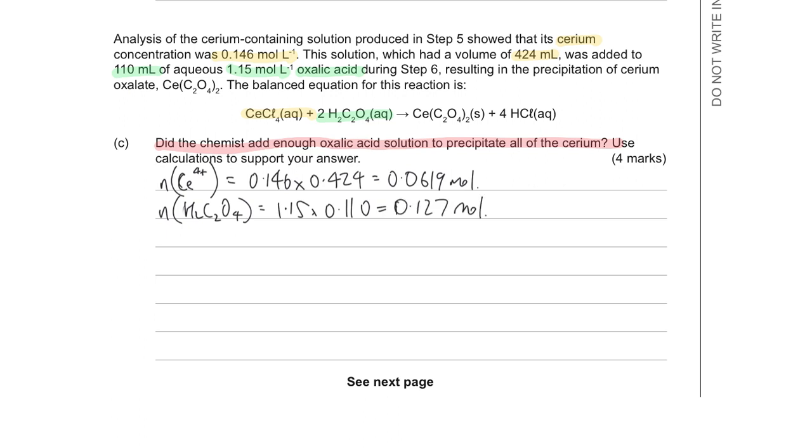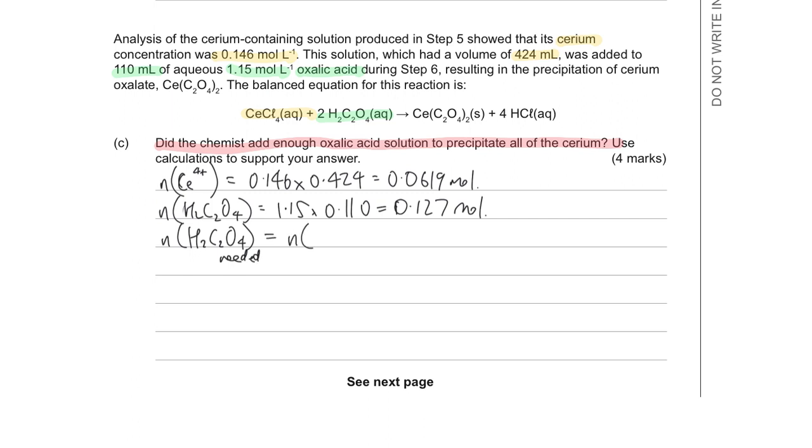Okay, remember then I need to work out here is the number of moles of oxalic acid that I need, because that's what the answer key has got. So this is how much I need.